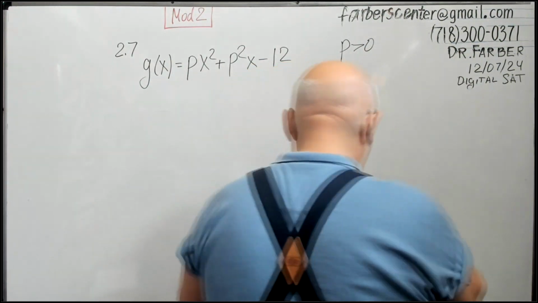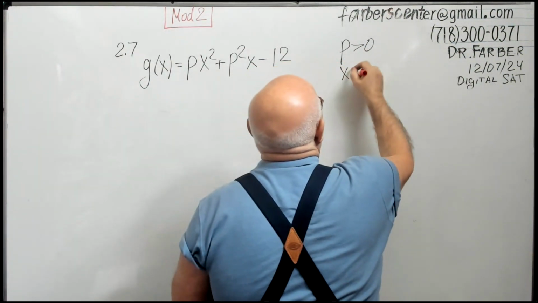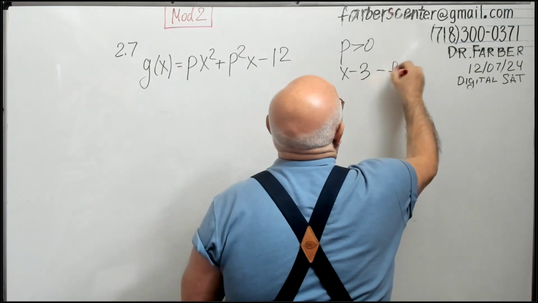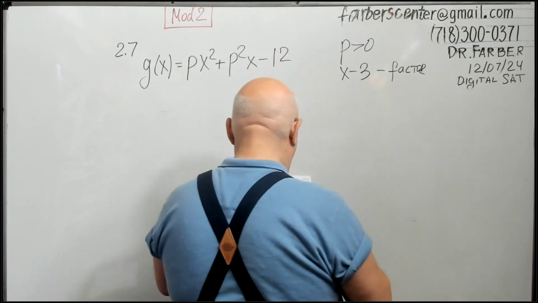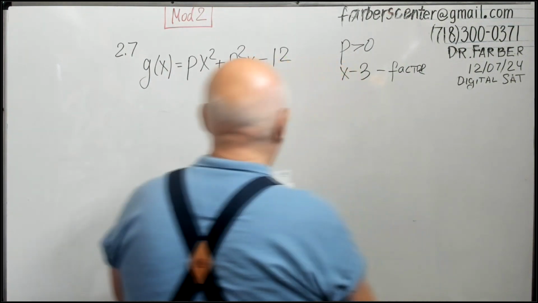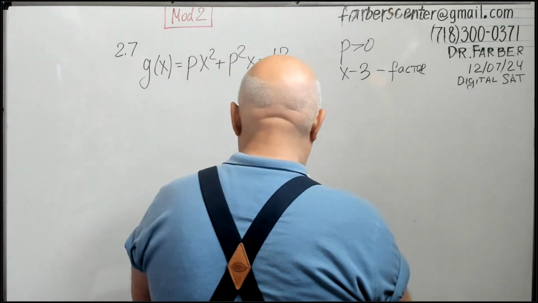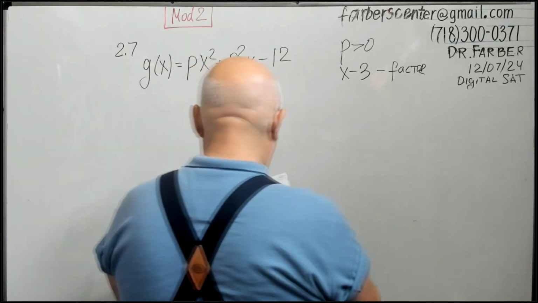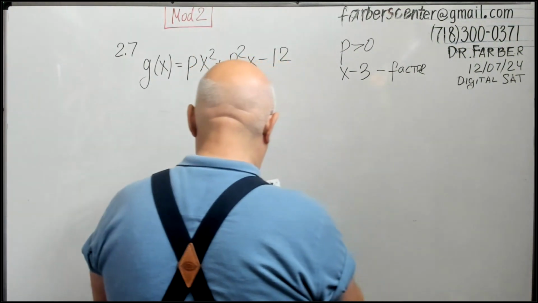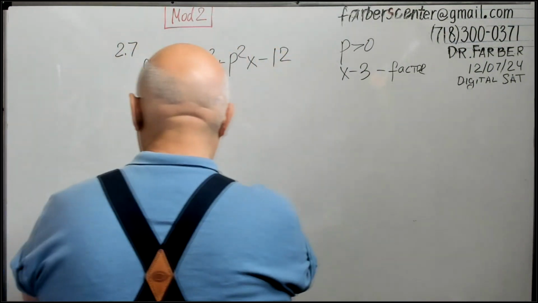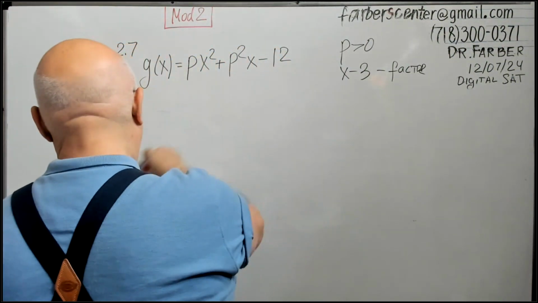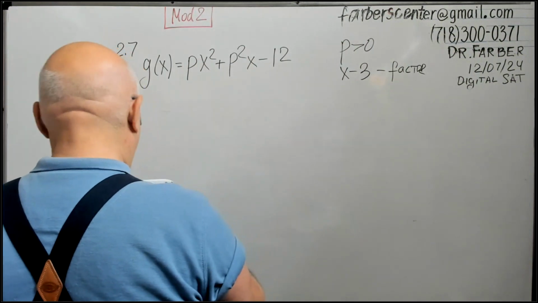In addition, x minus 3 is a factor. And they ask you to find p, right, in this case. Let me clarify again: number 2, 7. Find p.